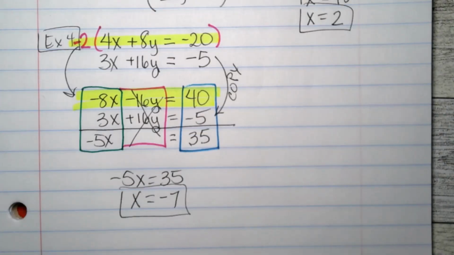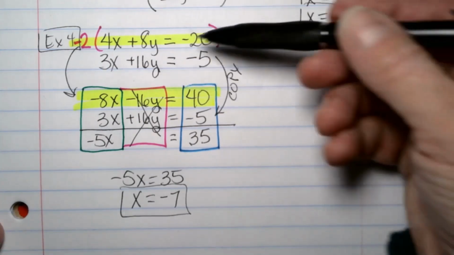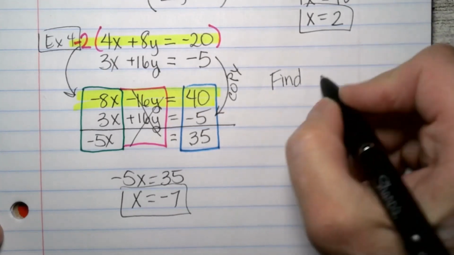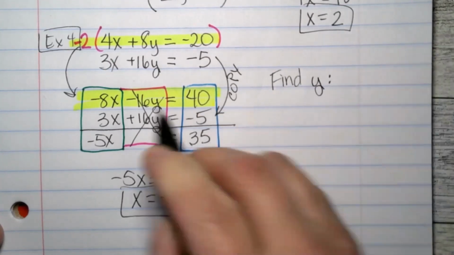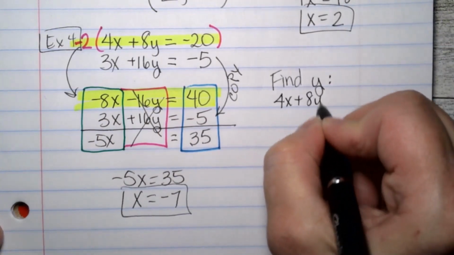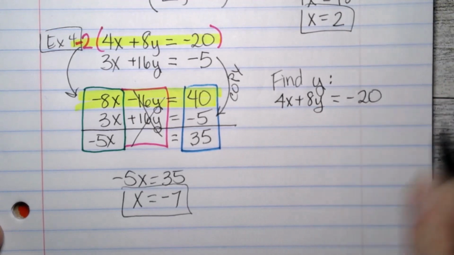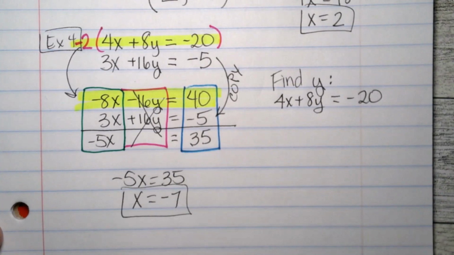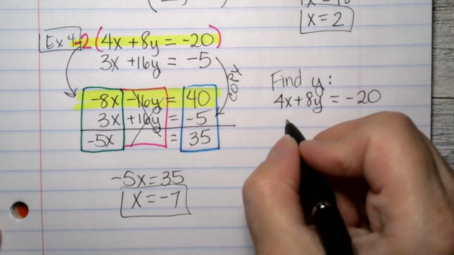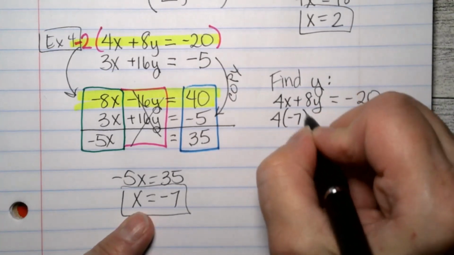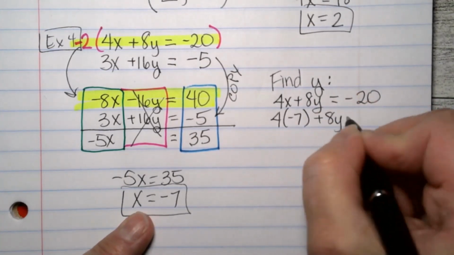The more mental math you're willing to do, the shorter the space you need. Go ahead and stick the x back into one of the equations and solve for y. Both of these equations are about equal in difficulty, so I'll pick the first equation: 4x plus 8y equals negative 20. I know I have to solve for y, and this has a smaller number, so I'll use that. The x is negative 7, so 4 times negative 7 plus 8y equals negative 20.